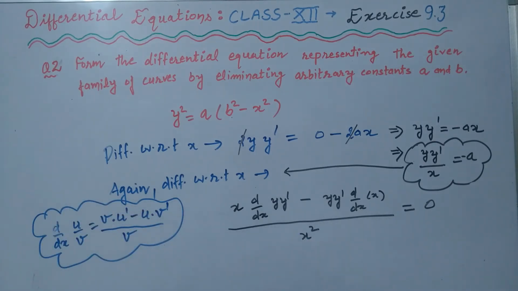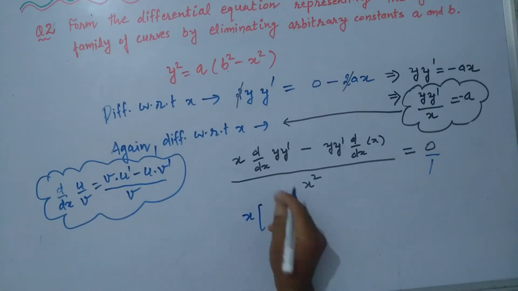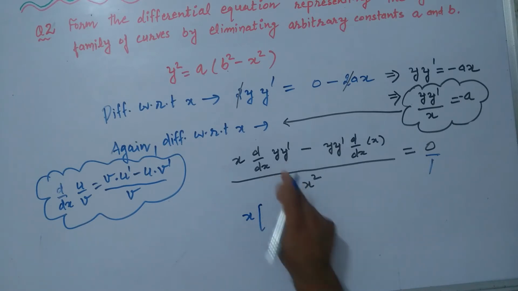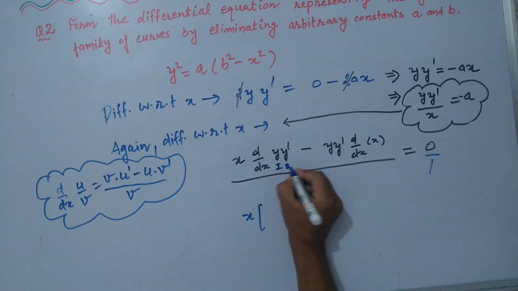So this way, we cross multiply here, x square will be multiplied with 0 equal to 1 will be multiplied with here. So this way we have x into, here again we apply the product rule, first function and second function.